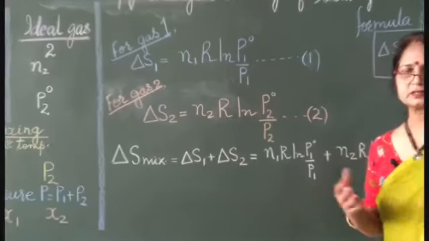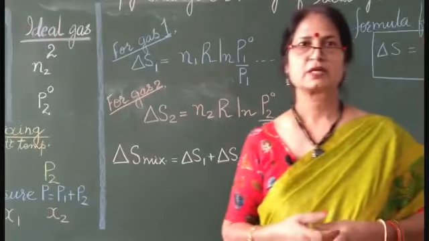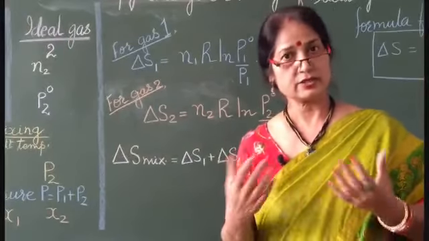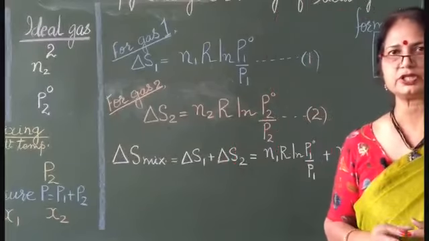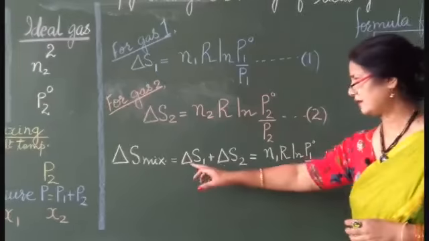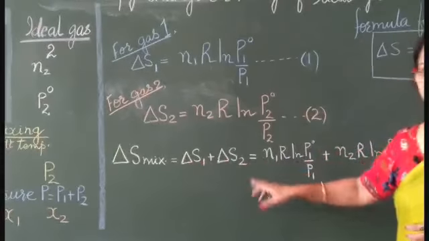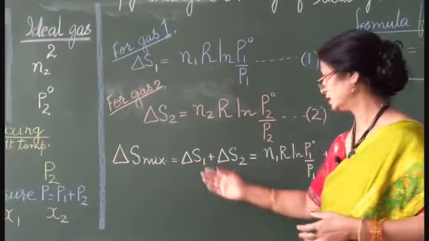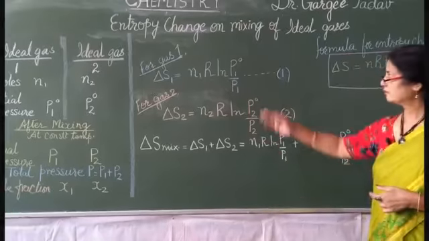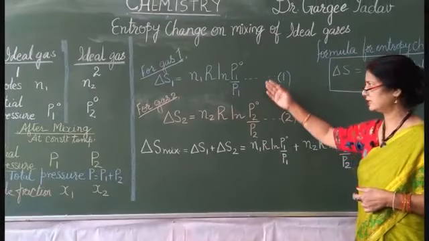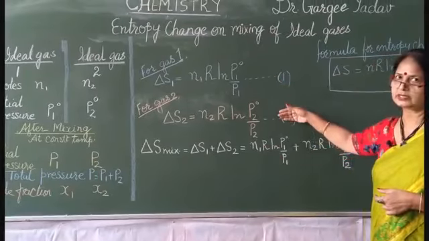So when we mix these gases under isothermal conditions, meaning the temperature is kept constant, the final entropy change of mixing will be delta S1 plus delta S2. Here we have equation number 1 as delta S1 and equation number 2 as delta S2.